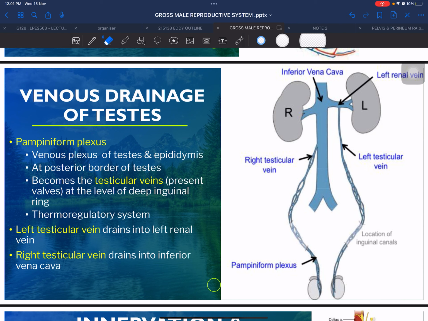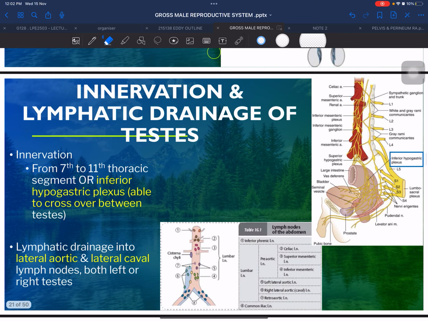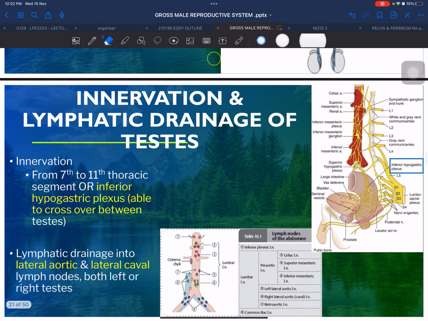It also forms the thermoregulatory system to make sure the testis is a few degrees below normal body temperature. And the left testicular vein drains into the left renal vein, and the right testicular vein drains directly to the IVC. You have learned urinary already.